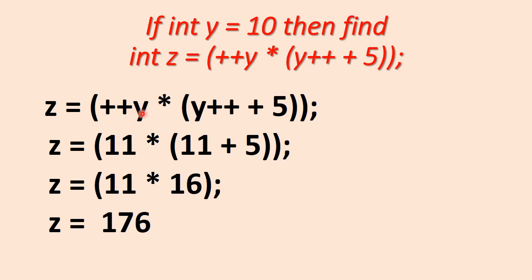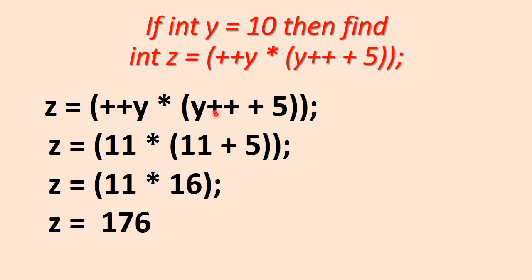So y becomes now y plus 1. Y plus 1 means 10 plus 1. Now it will use this increased value 11. Okay. As it is, we will write this multiplication sign. Then y plus plus, this is also an increment operator but postfix.